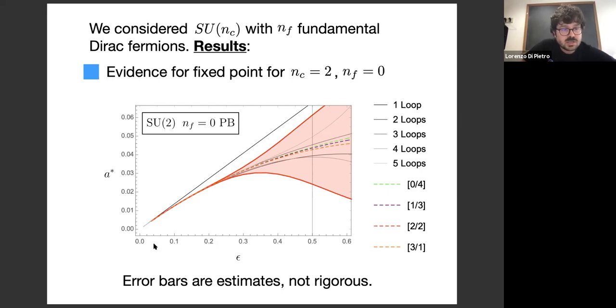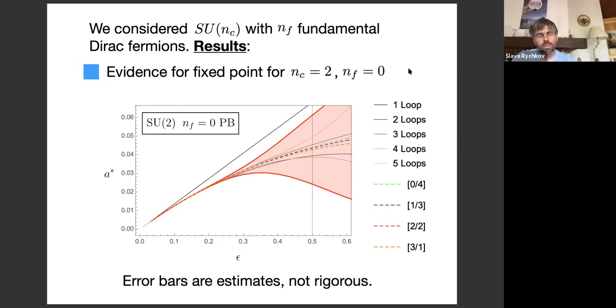So in this case, I'm extrapolating to epsilon equal 1/2, which corresponds to d equal 5, and the value for A is not compatible with 0. So we think this is evidence for the existence of the fixed point. And of course, later I will give more details about the estimate of the error.